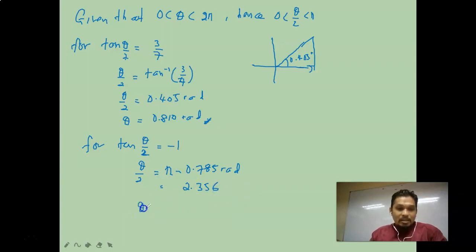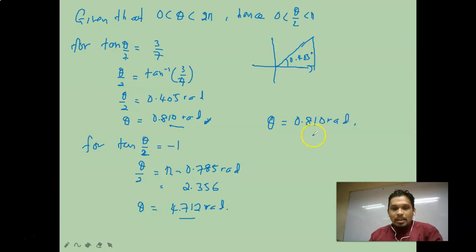So then theta equals 4.712 radian. Okay. So with these two answers, we put this together in one row. So the theta of this answer is 0.810 radian and 4.712 radian.